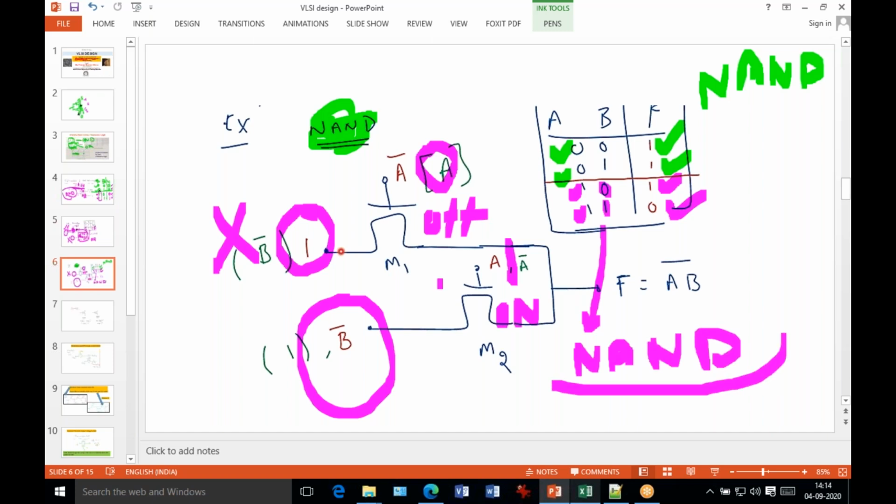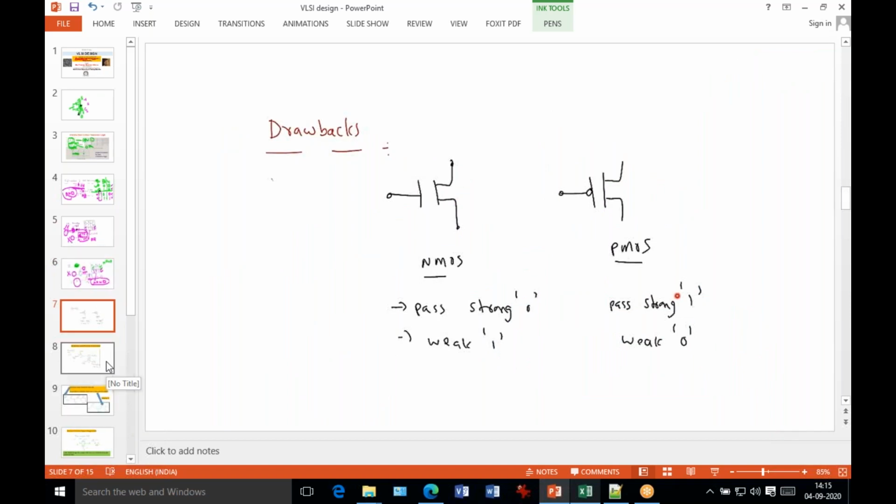So this NAND gate circuit configuration is like this. So you are capable of understanding the NAND logic also. If any input is 0, your output is 1. The circuit has the features to get this NAND logic.